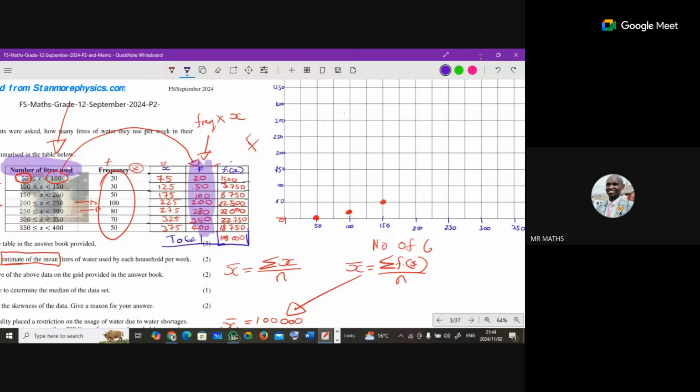Starter up nalapha ne? So ngoku u-200 uhamba nabani? 100. Then u-250 uhamba nabani? 200. So u-250 uhamba no-200, 200 it's here.